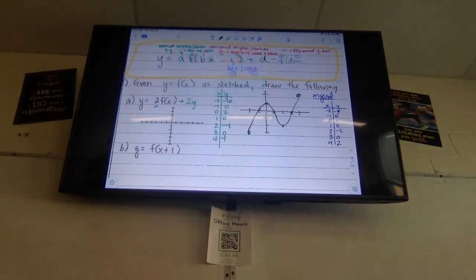Okay. And then once I've got my chart set up, now I can just graph those points. So -2, -6, -1, 0, 0, 2, 1, 0, 2, -4, 3, 0, and then 4, 4.